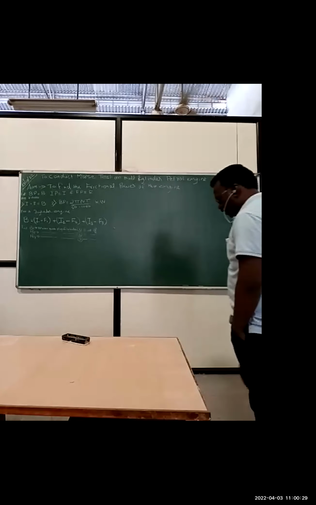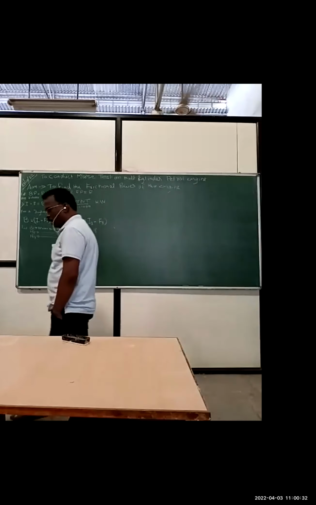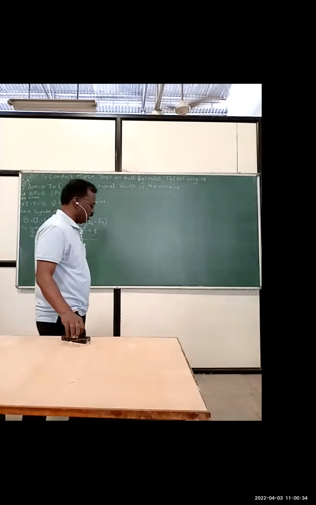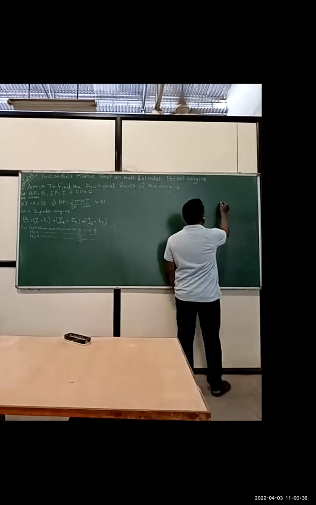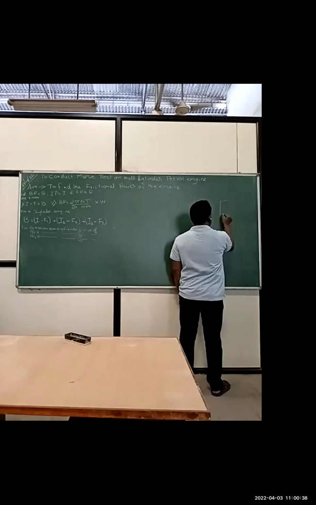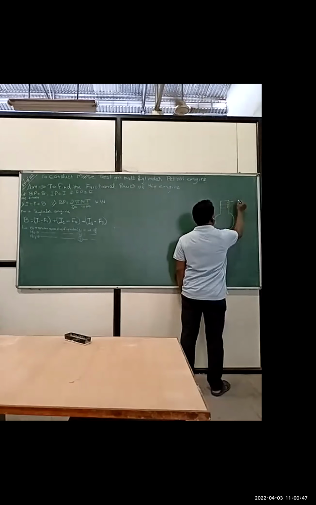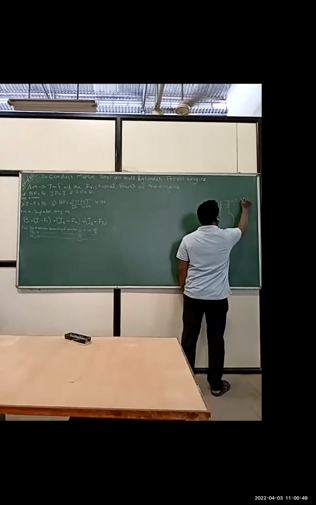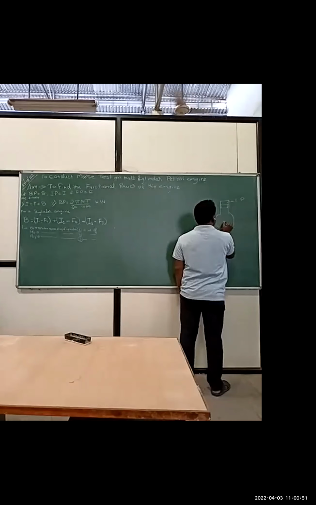So the aim of this experiment is to find the frictional power of the engine. When we talk of frictional power, we should first understand what it is. We have an engine here, and the power produced inside the combustion chamber of the engine is called indicated power, and the power available at the crankshaft is the brake power.